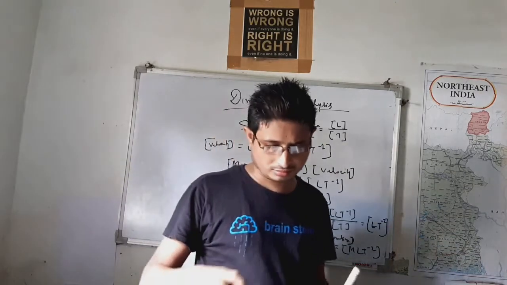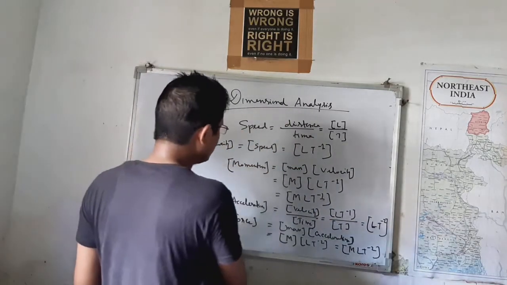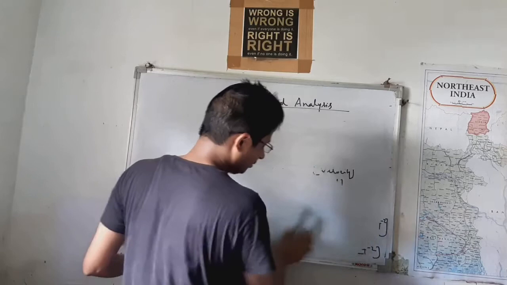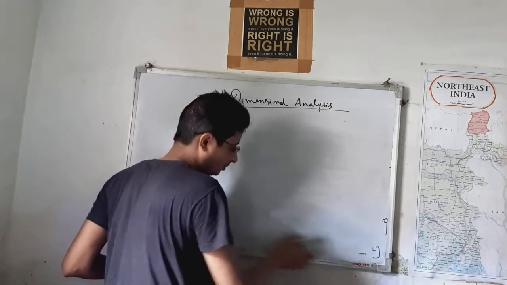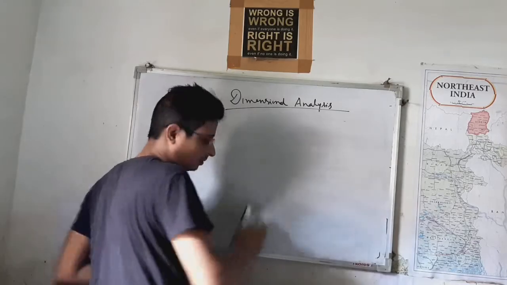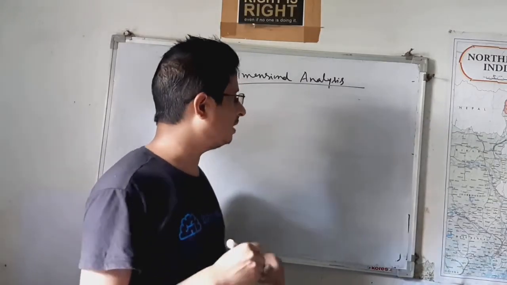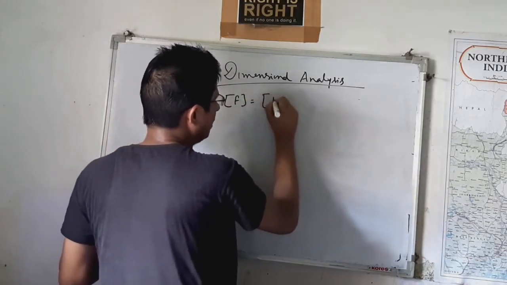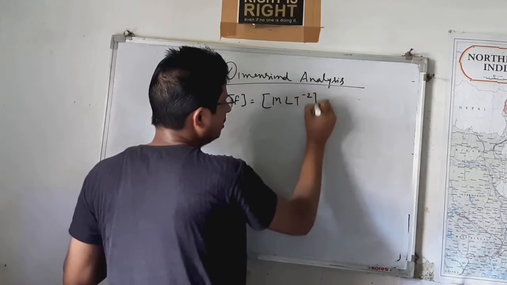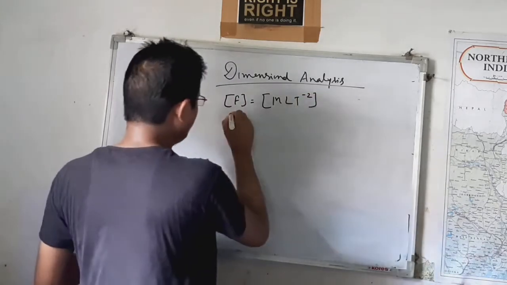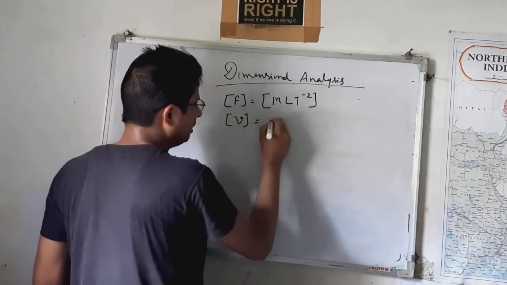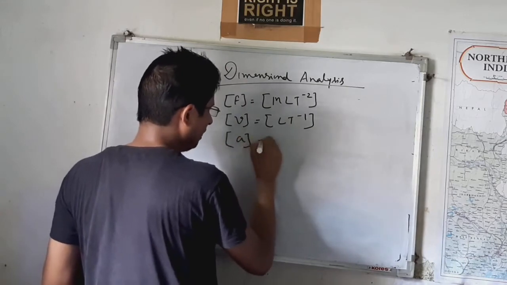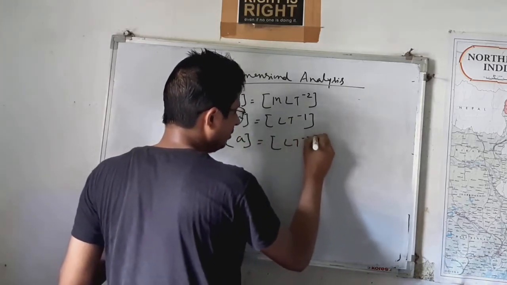Now we have found that we can express force as M L T to the power minus 2, or speed as L T inverse, or acceleration as L T to the power minus 2.